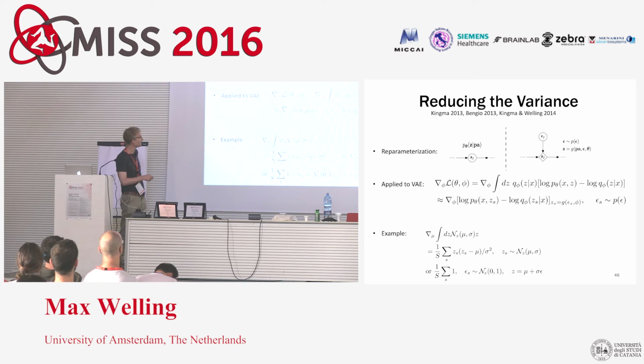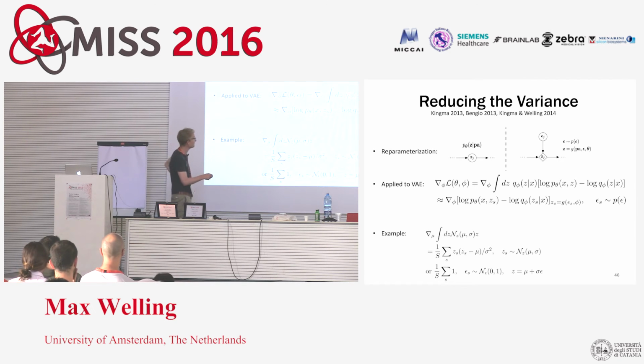It's the same equation that I had on the slide before. So it's the log of the generative model minus the log of the approximate posterior, and then averaged over this Q. And the trick is, you're going to reparameterize this Q in the following way.